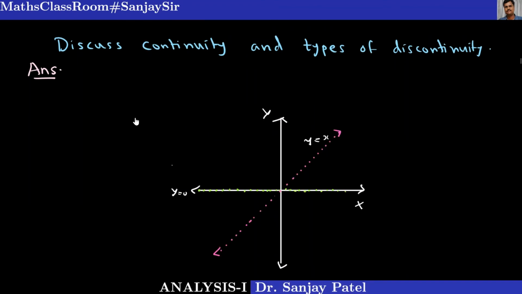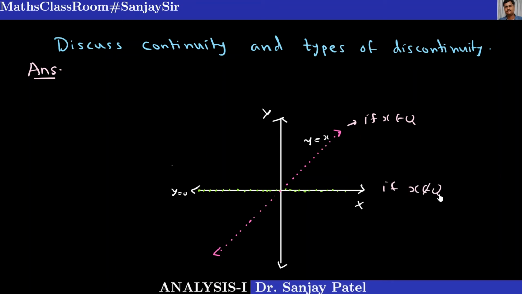Okay, so you observe here this function has a graph consisting of these two dotted lines. One is the x-axis, the green dots, and the line y equal to x, that is the pink dots. This is for all rational numbers, and this is if x is irrational.